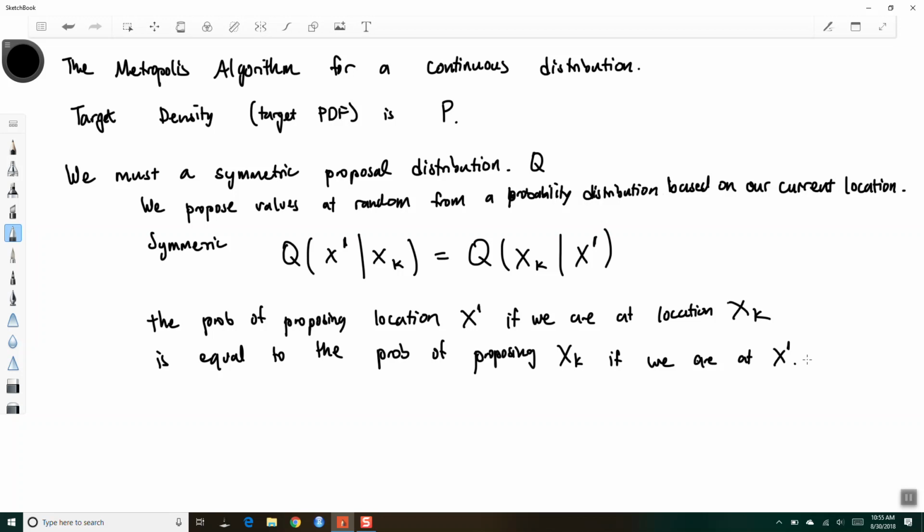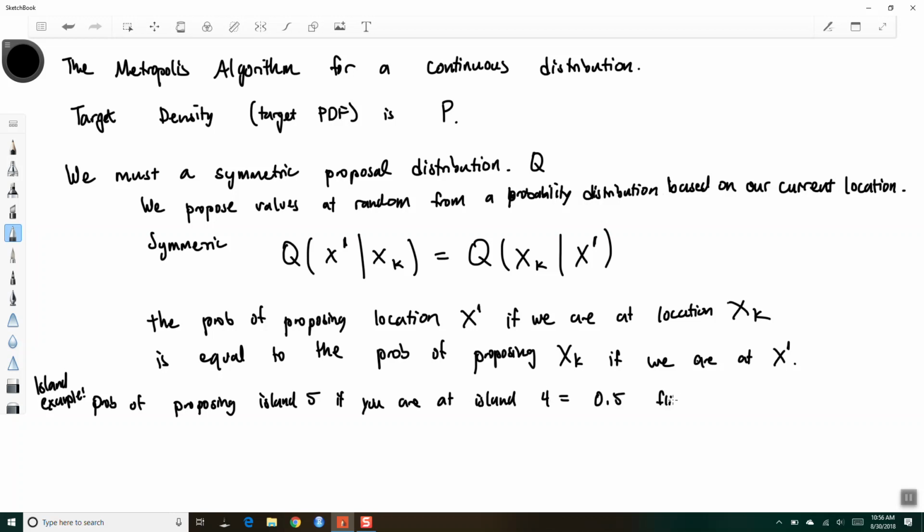And the probability of proposing island 4 if you're at island 5 is also 1/2. The probability of moving there is not the same, but the probability of just proposing the islands are the same, right? So for the island example, the probability of proposing island 5 if you are at island 4 is equal to 0.5.